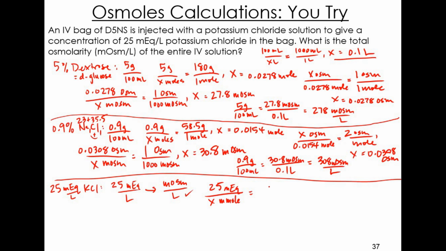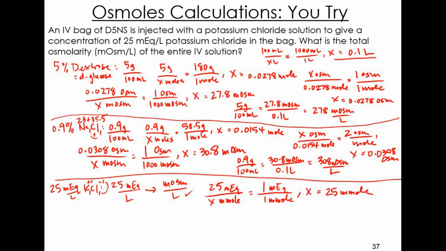And so we need to know the equivalents per mole, which is the same as the milliequivalents per millimole for this salt. And we can pick either one of these. You multiply the subscript times the superscript, and it's just 1. So milliequivalent stays the same as millimoles.